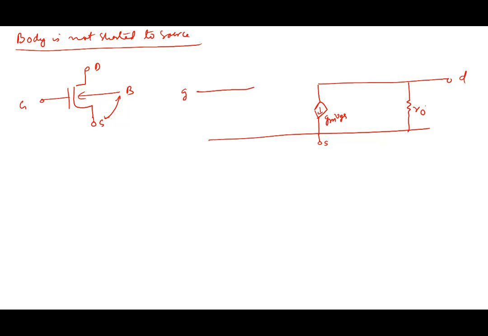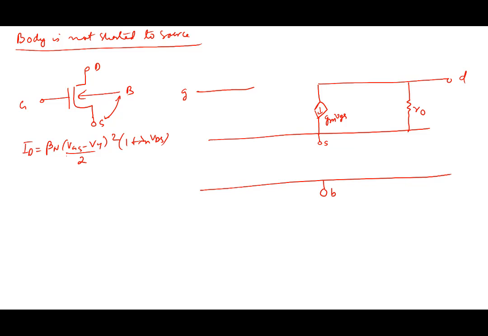But then we have one more terminal which is available, which is the body terminal, because body may not be ground, source may not be ground, there may be a voltage here. So the way this body terminal affects, if you recall, current is ID equal to beta n, VGS minus VT squared by 2, times 1 plus lambda n VDS.